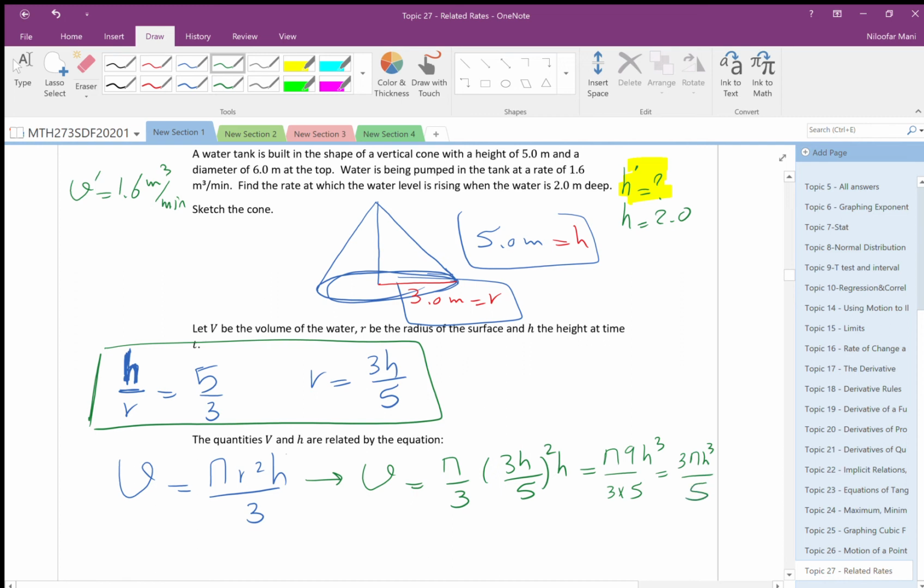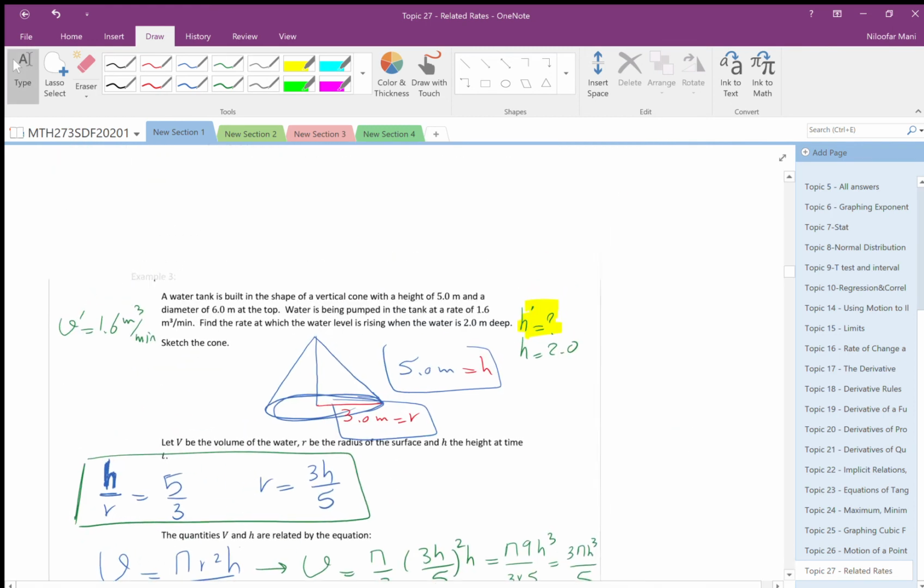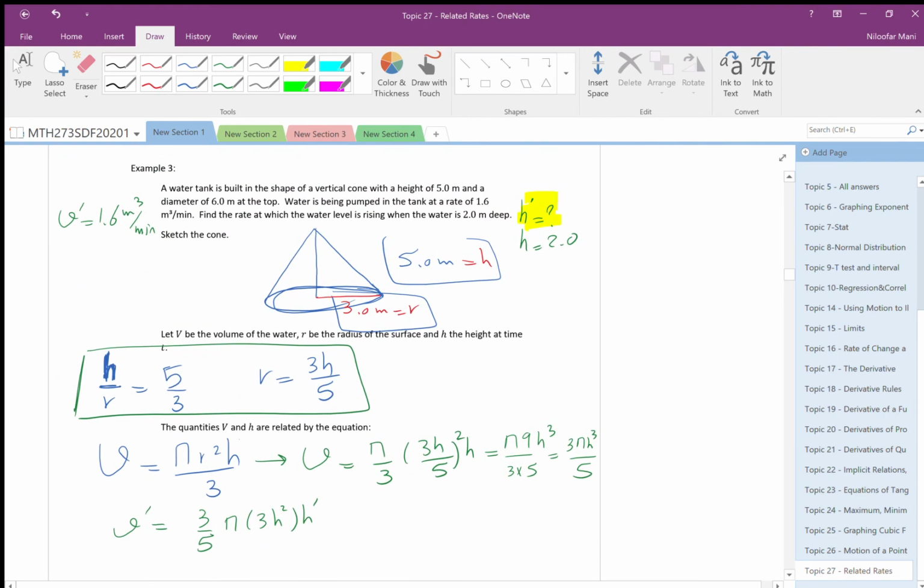This is my V. And perfect, I have V and I have H, and I can find the answer. So V prime is 3 over 5 pi 3h squared h prime. Remember, everything has prime here because it's based on t. Do I have V prime? Yes, 1.6. Okay.